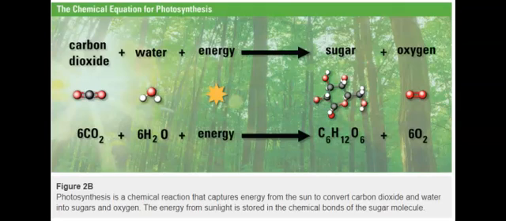When you look at that all the way through and add those up on the right-hand side, it equals the same. Now that's work we're going to be doing when we do our chemistry unit soon. Figure 2b. Photosynthesis is a chemical reaction that captures energy from the sun to convert carbon dioxide and water into sugars and oxygen. The energy from sunlight is stored in the chemical bonds of the sugar blank, number 15.